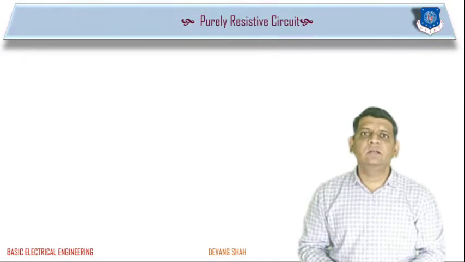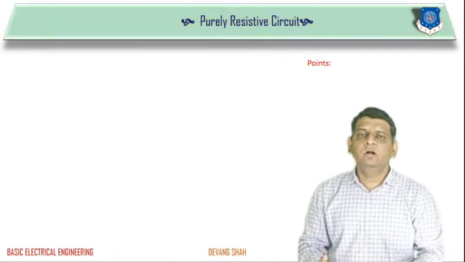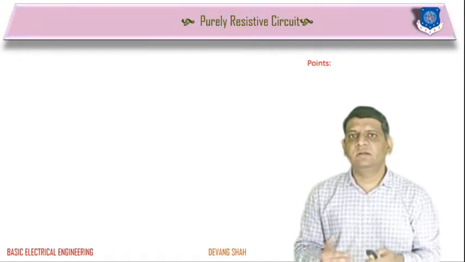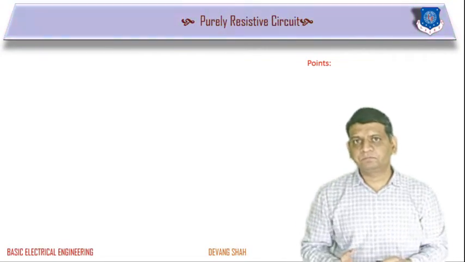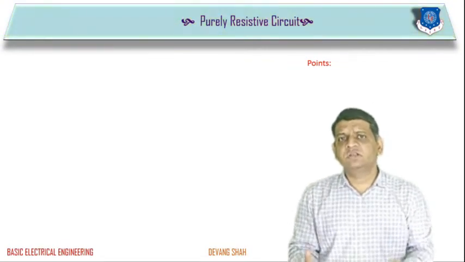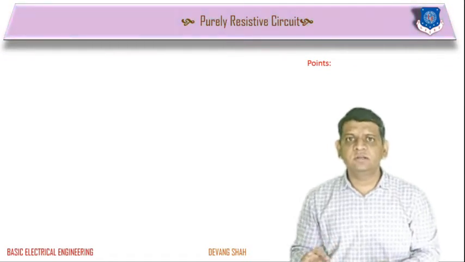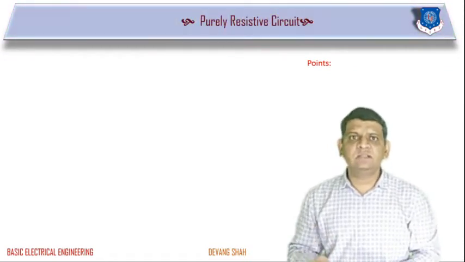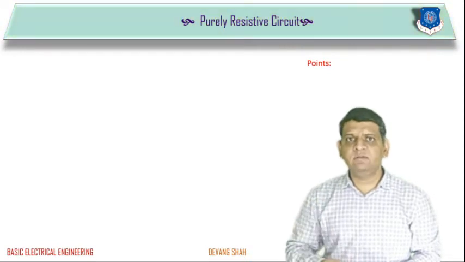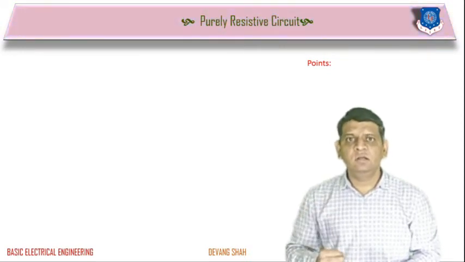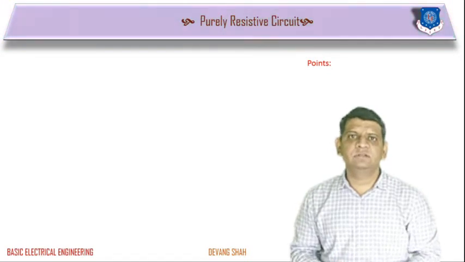Throughout this session, we are going to discuss three theories: a purely resistive AC circuit, a purely inductive AC circuit, and a purely capacitive AC circuit.